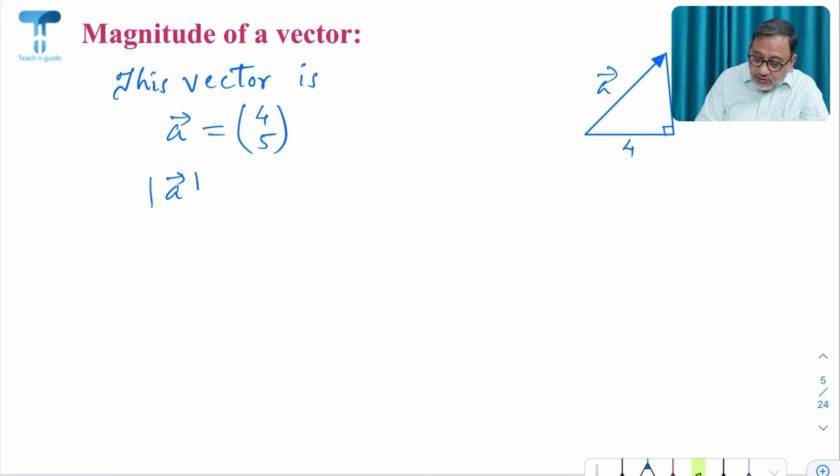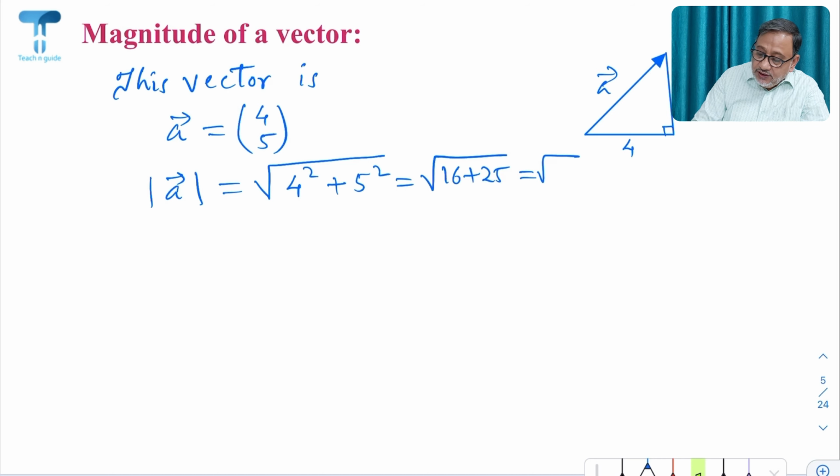This is the magnitude of A, and then I will write square root of x component square plus y component square in the square root. So 4 square is 16, 5 square is 25. So like that I will get 41. Okay, 41 units, its magnitude. Okay, so I hope you understood.